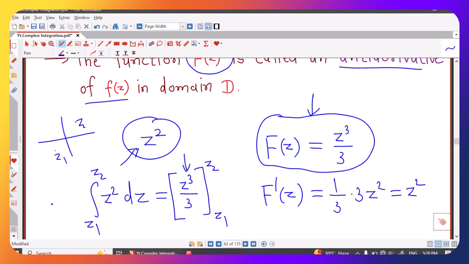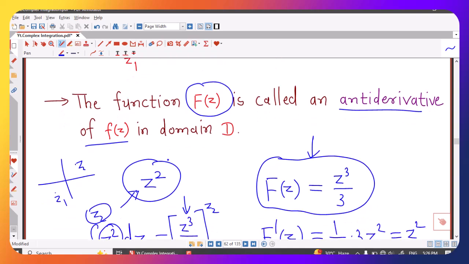So this is similar to the integration which we study in calculus or real analysis, but here I can apply this result because I know that z square is analytic everywhere in the complex plane. So if I am given any path between 2 points, then I will simply put z equal to z2 and z equal to z1 in the antiderivative of z square.